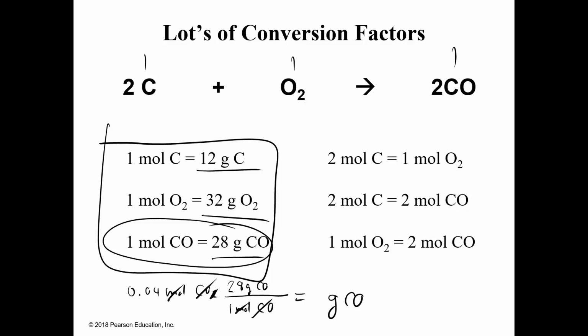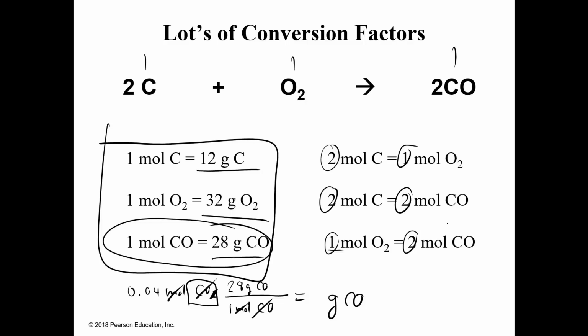But we also have mole to mole conversion factors because we have carbon and oxygen in a 2-to-1 ratio, right? A 2-to-1 ratio of carbon to oxygen, 2-to-2 or 1-to-1 ratio of carbon to carbon monoxide, and a 1-to-2 ratio of moles of oxygen to carbon monoxide. So if I have 0.04 moles of carbon monoxide and want to know how many moles of carbon I need, I can simply take that mole to mole conversion factor.